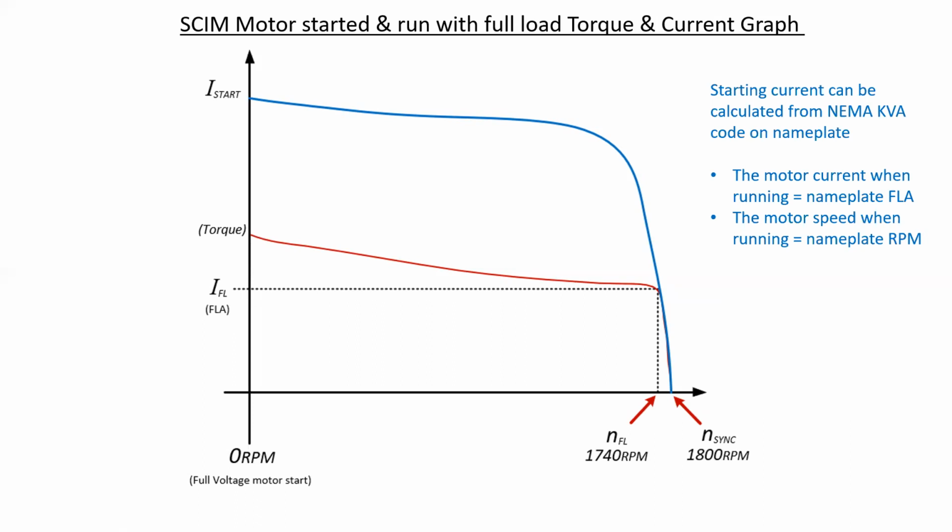Now, when the motor is running, which would be right over here, the current that we measure on the stator conductors should be equivalent to the nameplate FLA, and the speed that we measure with a tachometer should be equivalent to the nameplate RPM.